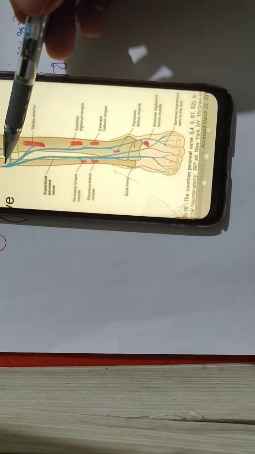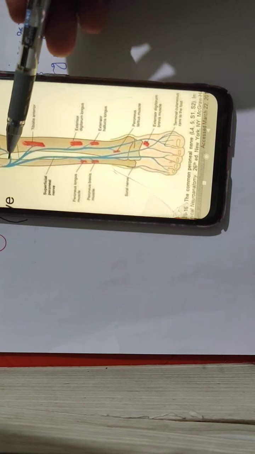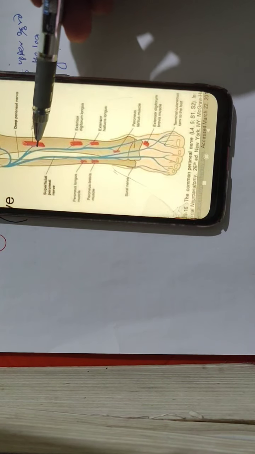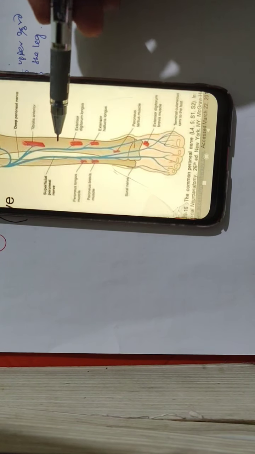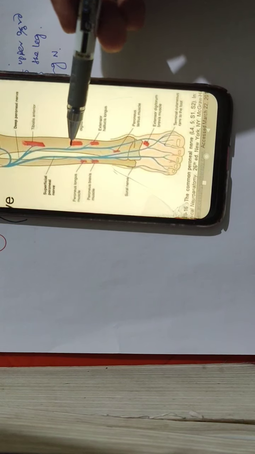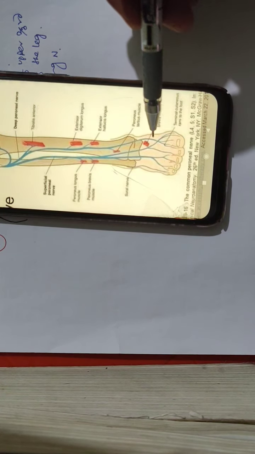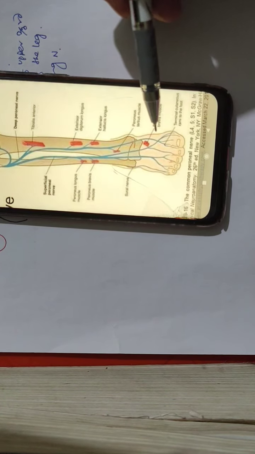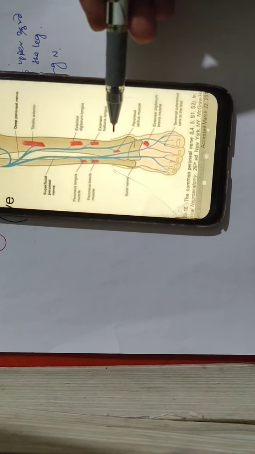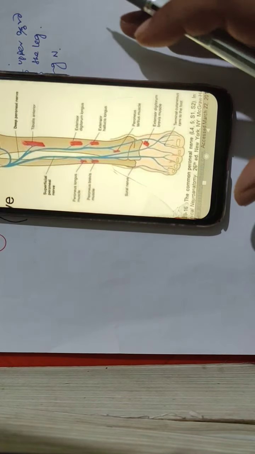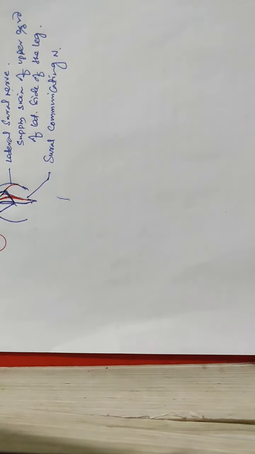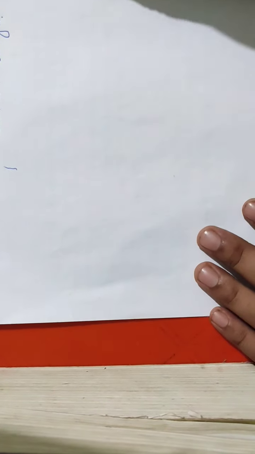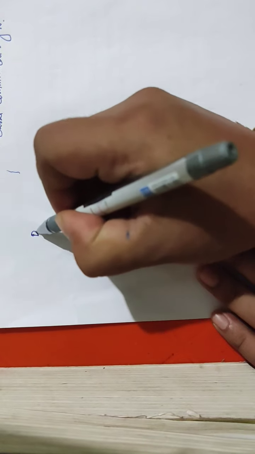After arising from the posterolateral aspect of the neck of the fibula, the deep peroneal nerve goes downwards along the anterior compartment of the leg and goes up to the great toe. Here a peculiar relation is found in the case of the deep peroneal nerve.